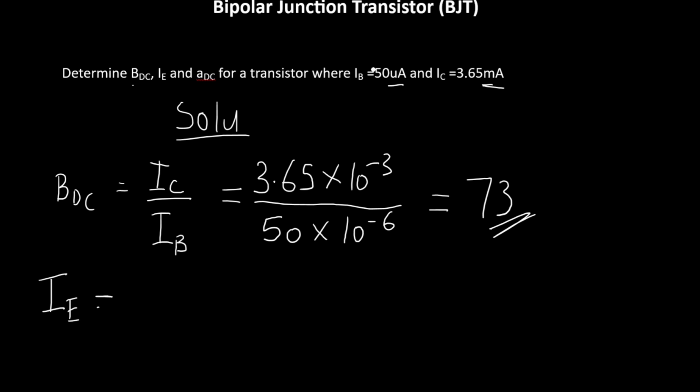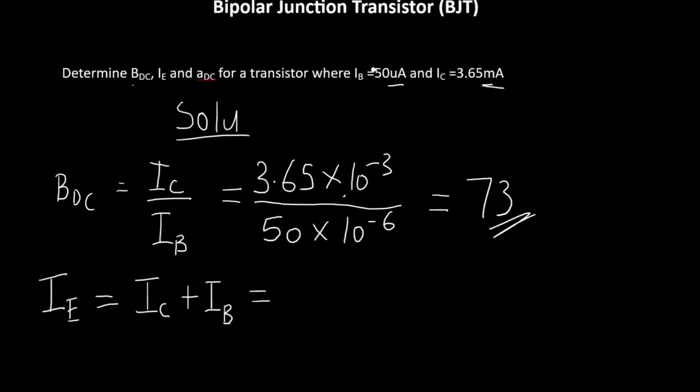Now for our IE, on the other hand, our IE is equal to IC plus IB. Again, when inputting our values, we're not going to neglect their suffix, which is times 10 raised to the power minus 3 and times 10 raised to the power minus 6. We neglected it in the first instance because they were the same, but in this case, they are different.